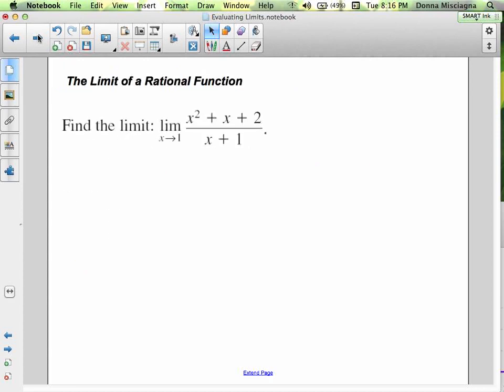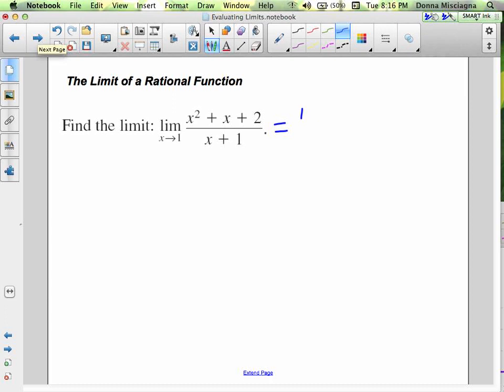We want to find the limit of a rational function: x squared plus x plus 2 divided by x plus 1. I'm not going to worry about factoring because, first of all, x squared plus x plus 2 is not factorable. And second of all, if I plug in 1, it's no problem because my denominator is not going to be 0. Since we have it written, we won't write the limit statement again, it's equal to, and now we'll do the substitution.